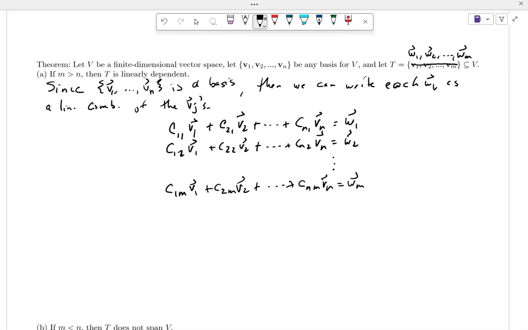Okay? That's the idea. All right, what am I trying to show? I want to show that the set of W's is linearly dependent. Linear independence or linear dependence talks about a linear combination that gives me the zero vector, right? To start with? Agreed? Okay.